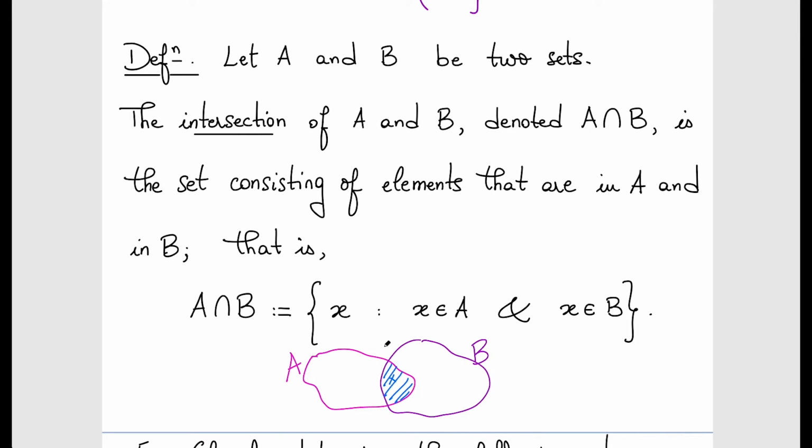Okay, so this area here, that's the intersection part. So A intersect B is one set that's made up of two sets. It's one set, it's this set. It's where the two sets meet. It's the collection of objects that belong simultaneously to A and to B. Okay.